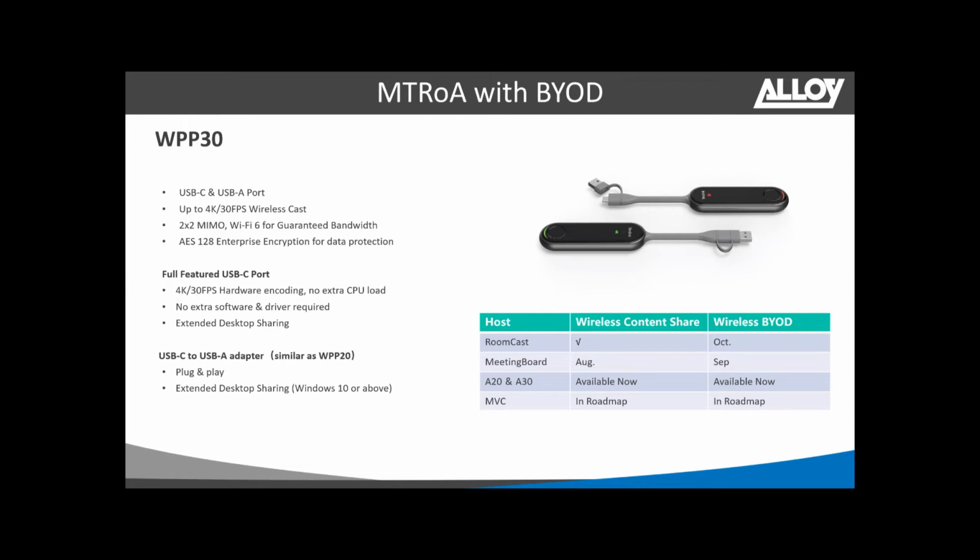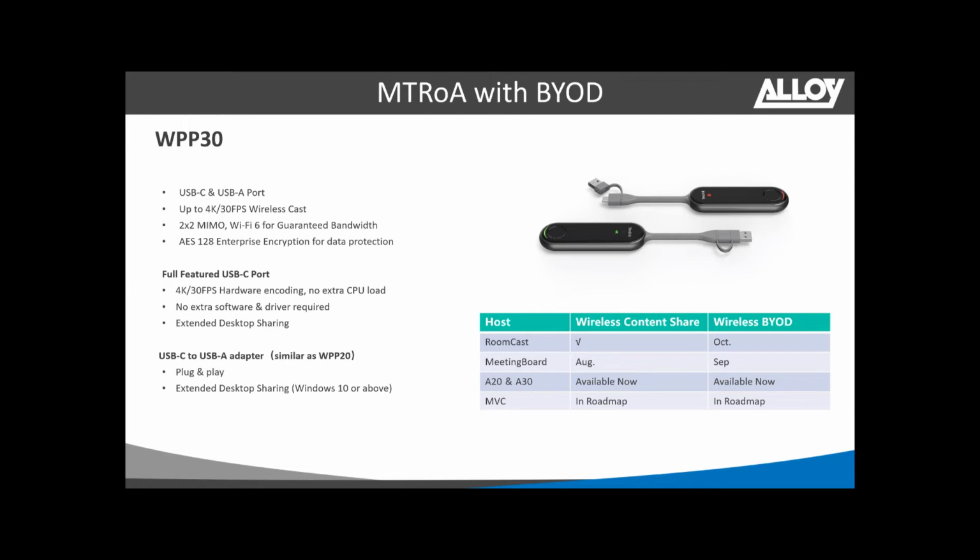Now, like I was saying, at the moment it's only supported on the A20 and the A30. It will be supported on the meeting board very soon. At the moment, content sharing is also supported via the Roomcast, and wireless BYOD via the Roomcast will be available sometime in the near future.